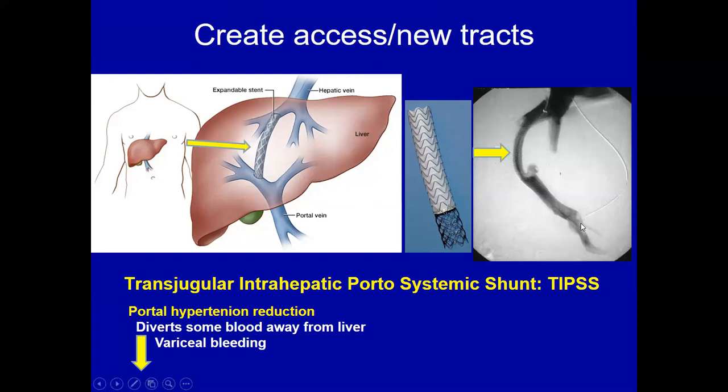And this is a picture showing the blood flow coming from the portal vein, bypassing the liver, going into the hepatic vein up to the IVC. And that will help reduce the signs of portal hypertension, like encephalopathy, like variceal bleeding, and will help that patient.